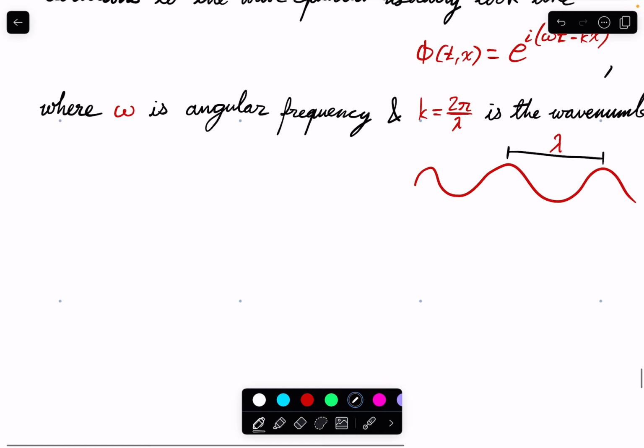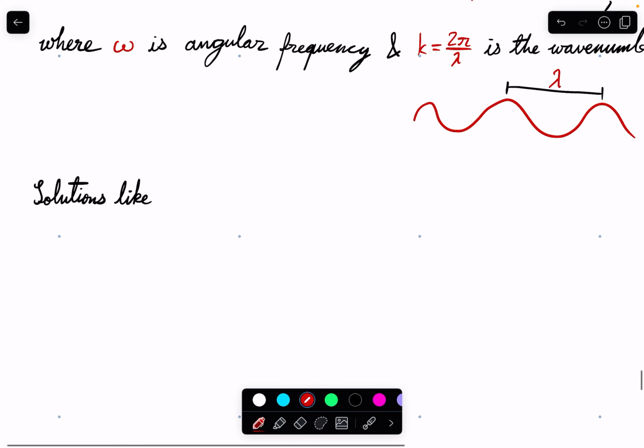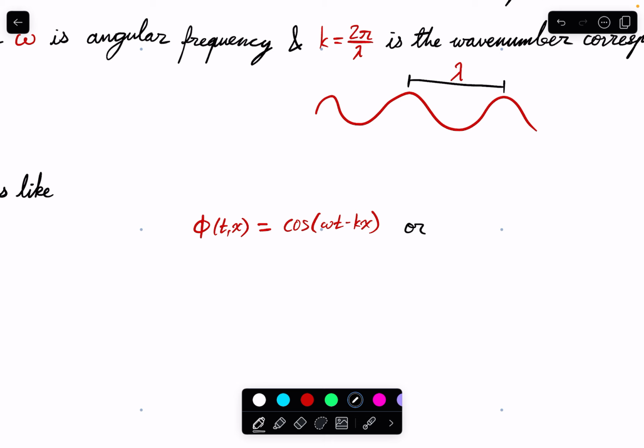But there are also different solutions that can work. So solutions like phi of t, x equal to cosine of omega t minus kx, or phi of t, x equal to sine of omega t minus kx.